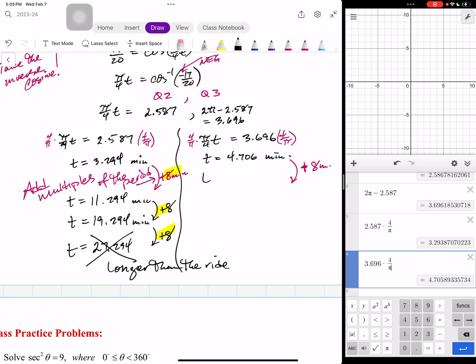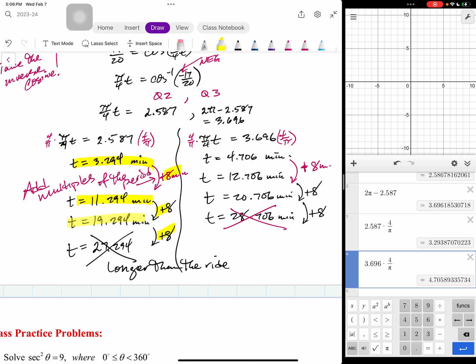Now over here on the right, 4 plus 8 is 12, so we have another time. Add another 8 to 12, and you get 20.706 minutes. Add another 8, and you get 28.706 minutes. But as I said, the ride's only 24 minutes long, so this one doesn't count. So we actually have 6 solutions: 1, 2, 3, 4, 5, and 6.